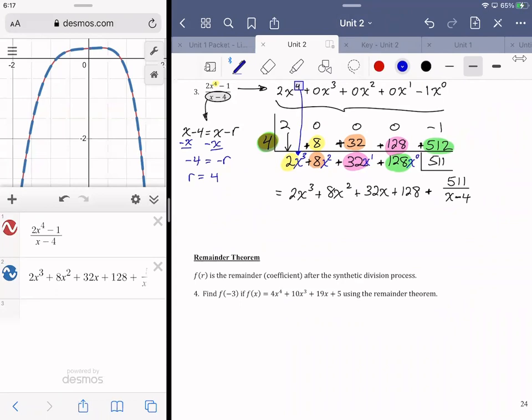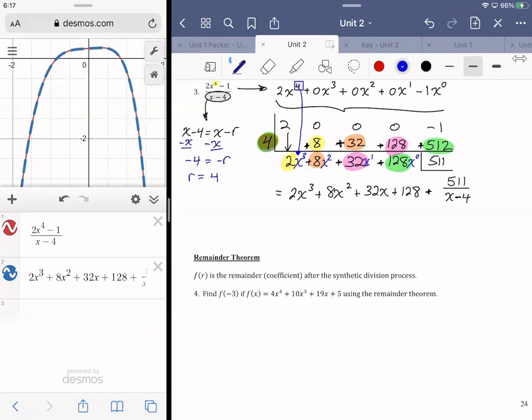So we have this function f of x is equal to, and we get all the coefficients. The remainder theorem is telling us that the remainder after the synthetic division process will determine for you the result when you evaluate a function, right?